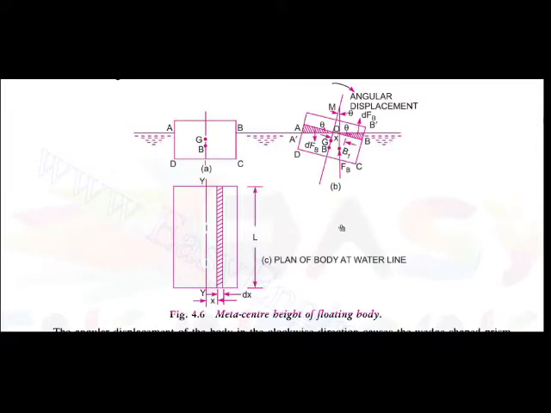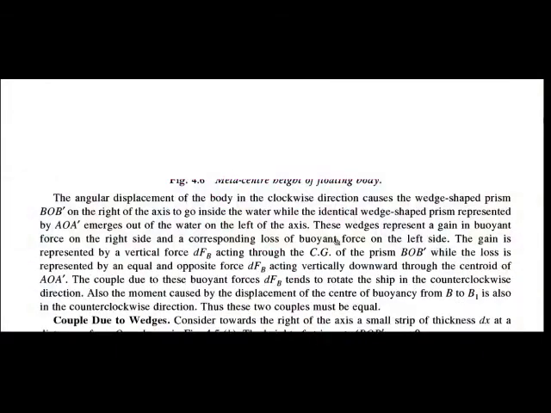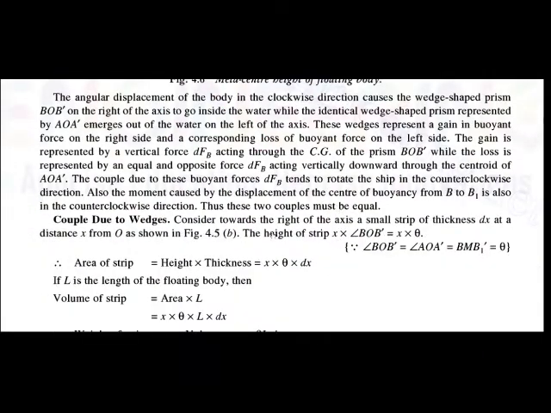In the plan you can also see the thickness is dx and it is at a distance x from the O. Then the height of this strip is equal to what? X, that is the distance, into the angle BOB dash.